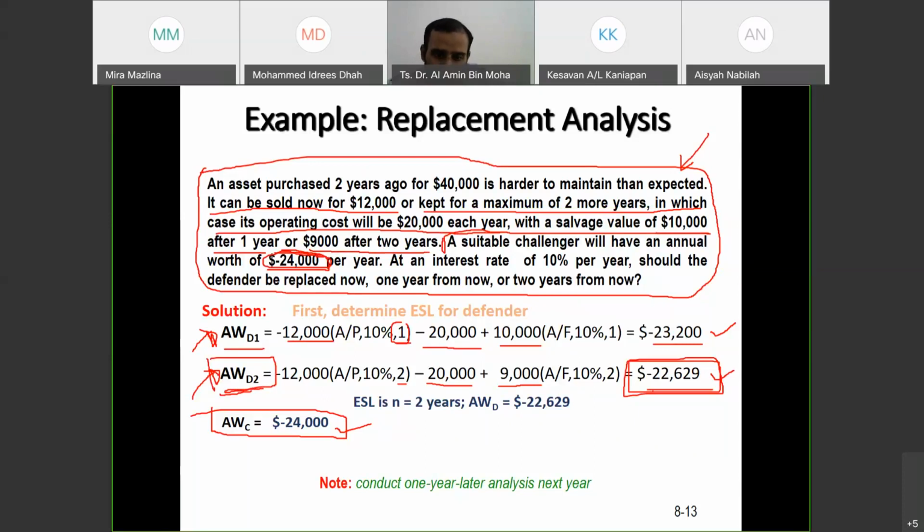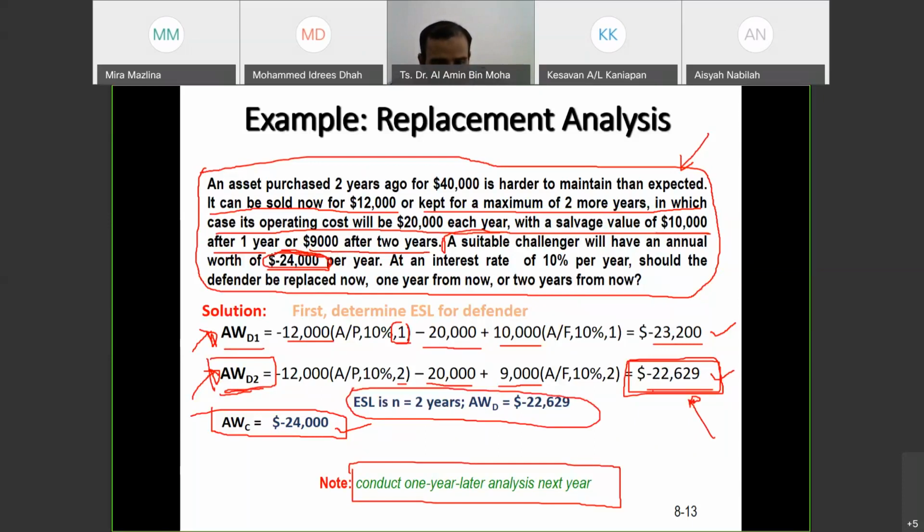But as we know, if the existing was selected, meaning the defender is selected, we need to conduct analysis 1 year later. But as for the answer, it will be this one.